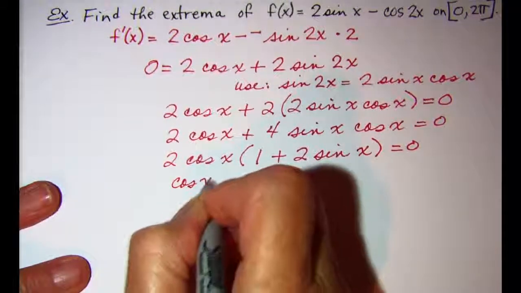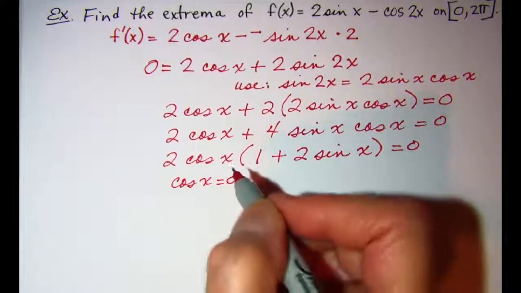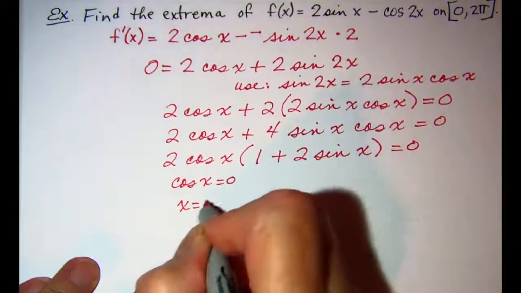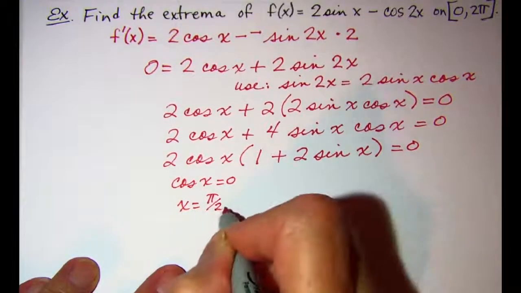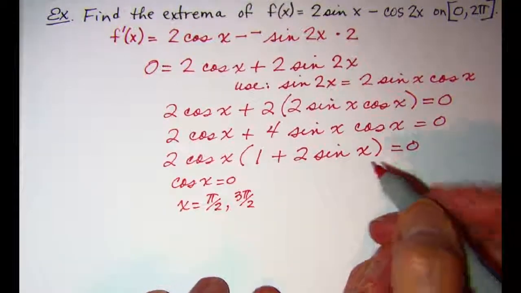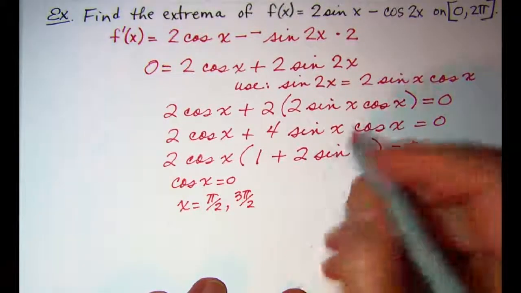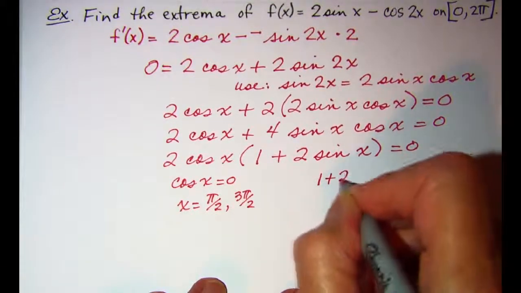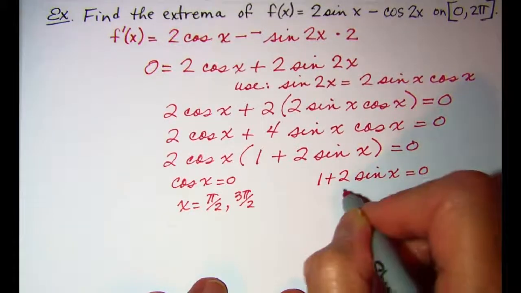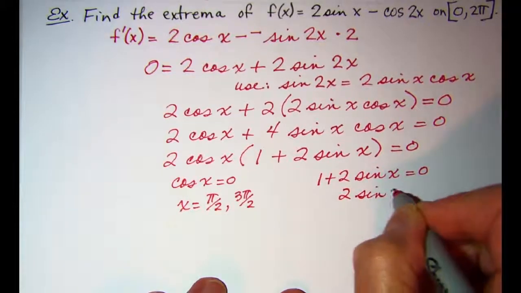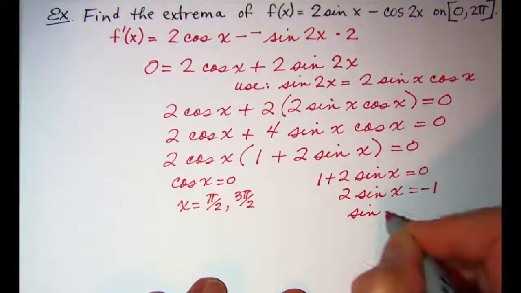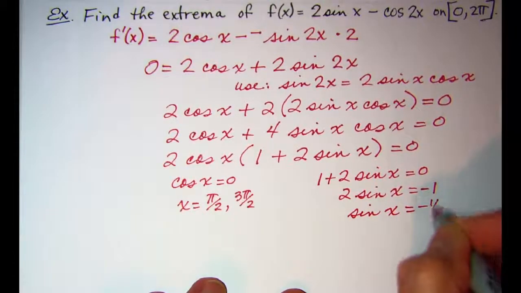Cosine x equals 0 when x equals pi over 2 and 3 pi over 2. Set this equal to 0: 1 plus 2 sine x equals 0. Subtract 1 from both sides. 2 sine x equals negative 1. Divide by 2. Sine x is equal to negative 1/2.